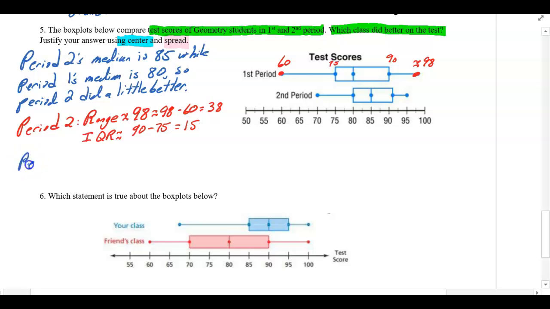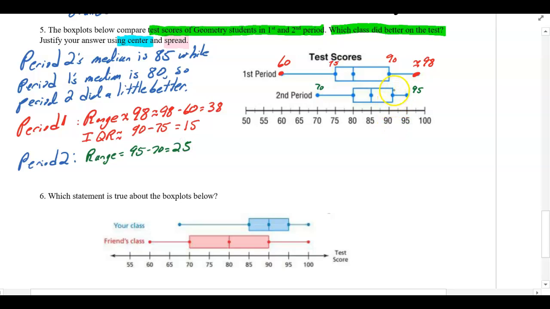If I do that for period 2, it looks like this is around 95 and 70. So the range is 95 minus 70, which is 25.